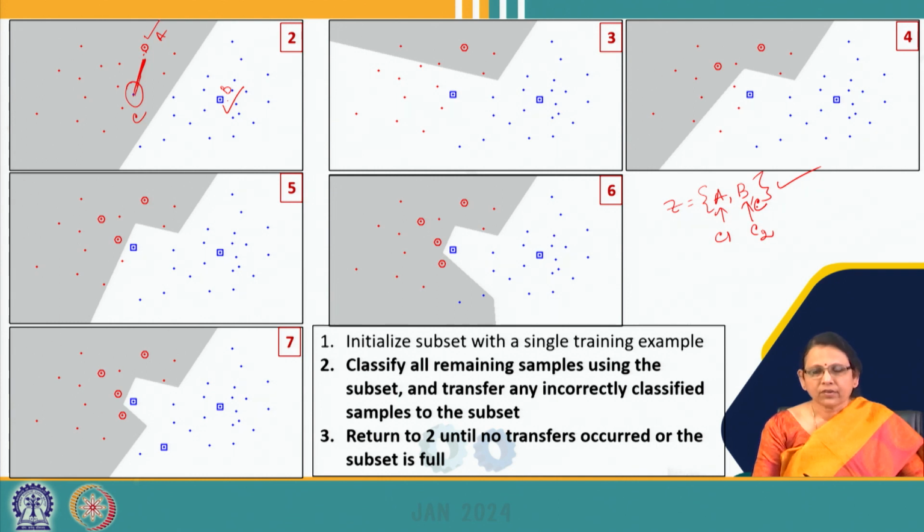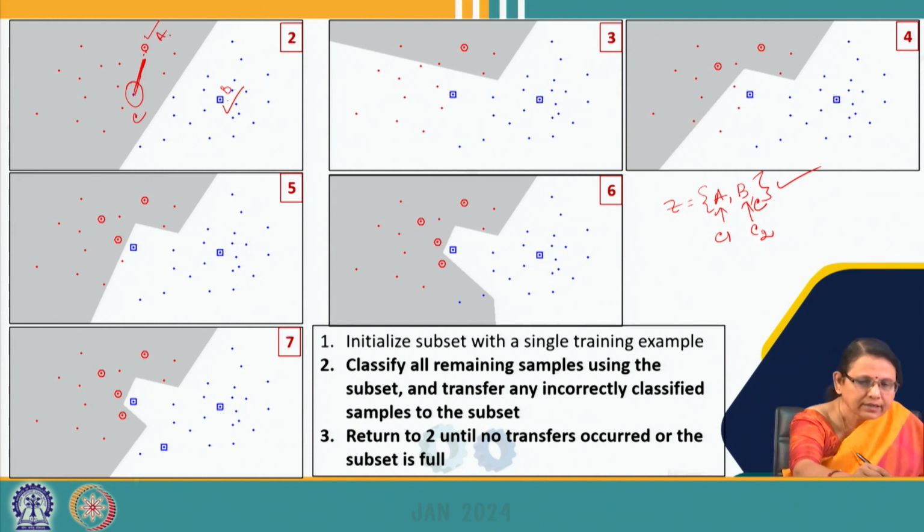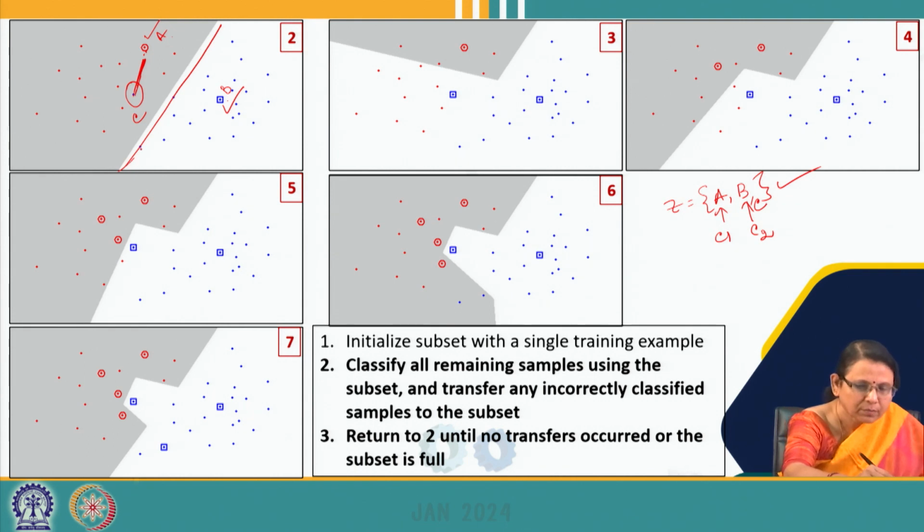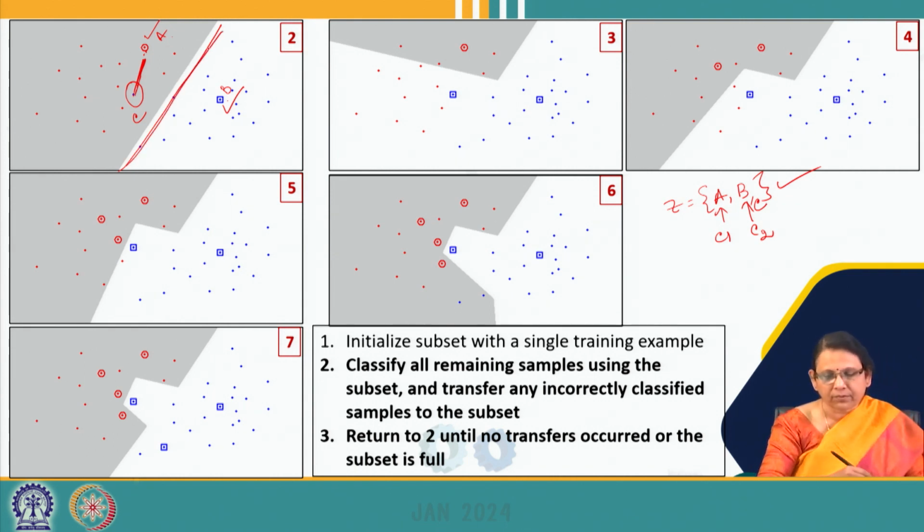Okay. Now with this, if you see, adding A, we partition this entire data into two parts, depending on which one is close to which other. So, this was the partition. Now, we have 3.